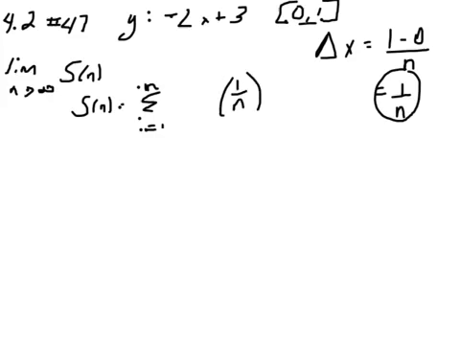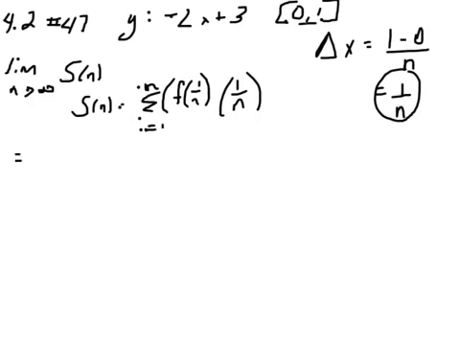And then what I want is f of i over n. Remember the book talked about how it didn't matter whether it was the lower sum or the upper sum, the limits are the same. So we'll just put f of i over n, and we won't worry about whether that's the lower or the upper.